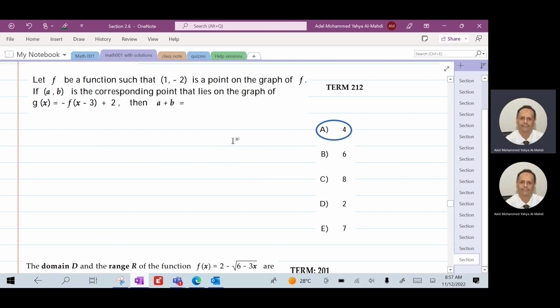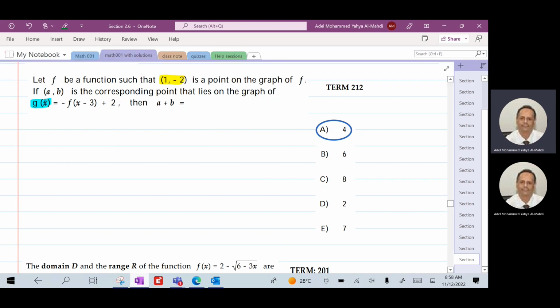We will start with this question. It was in term 212. Here the question is, we are given a function f. We don't know what is f at all, but we know that we are given a point over the graph of f, and we are given also a function j.